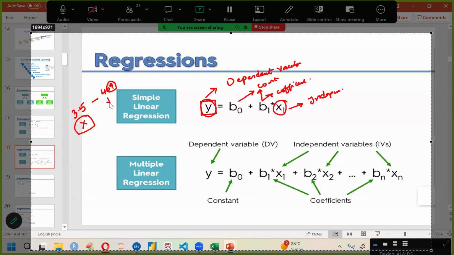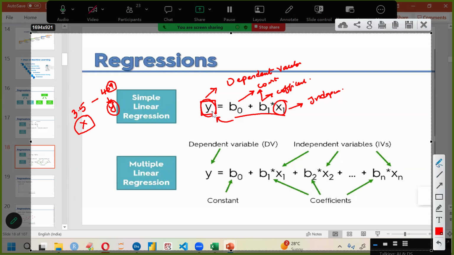This 40K is nothing but Y, the dependent variable. So using this equation, we are going to find the value of y, the dependent variable. This is an example of simple linear regression.